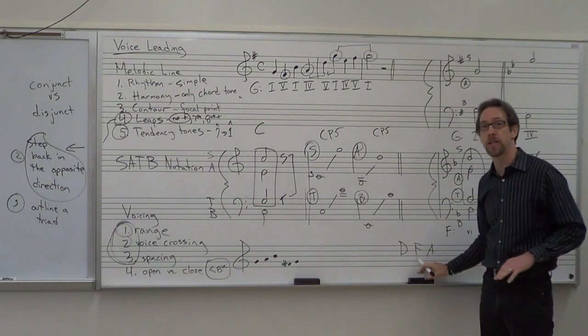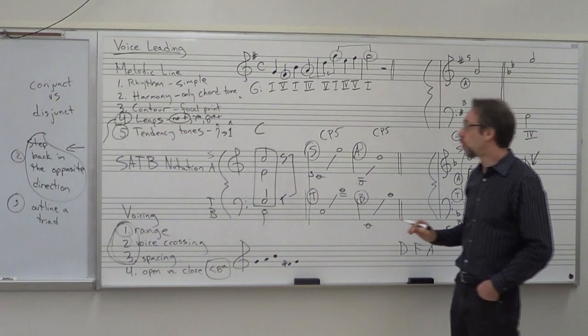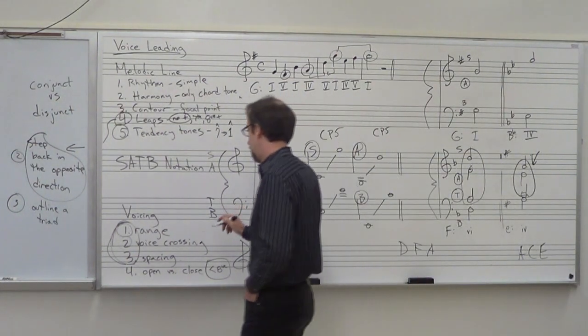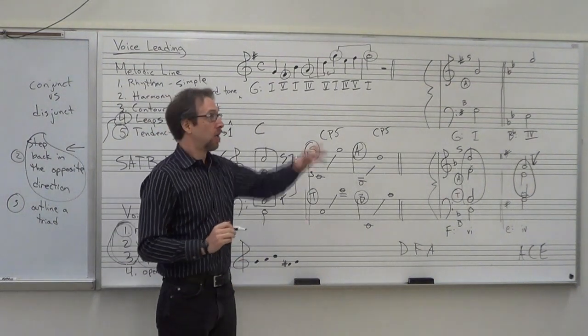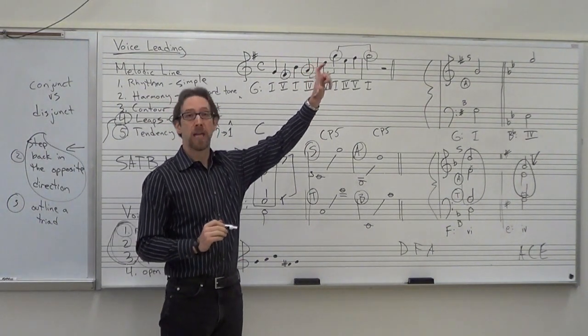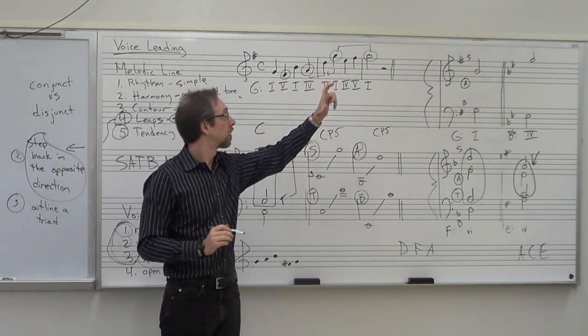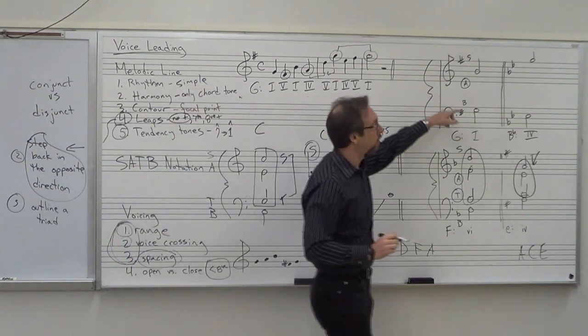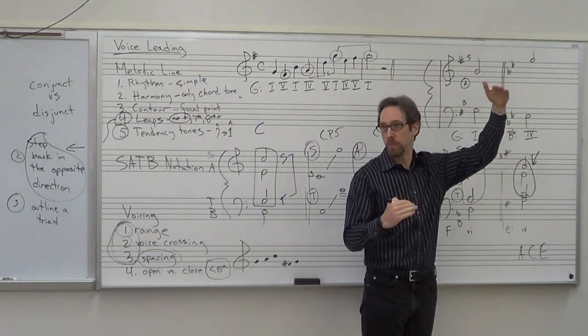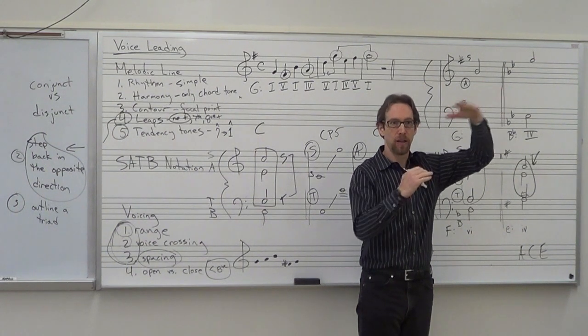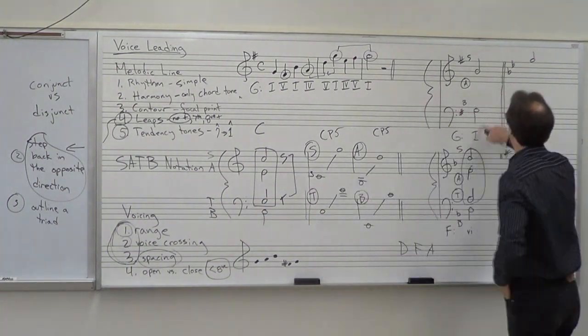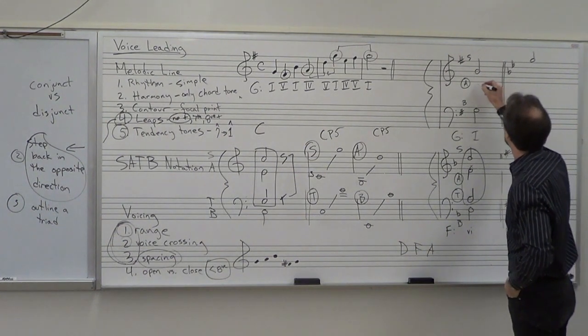When dealing with 3 voice textures, the same rules apply, except that when we're talking about spacing in a 3 voice texture, soprano and alto can't be more than an octave away. But the distance between the alto and the bass can be that compound fifth. So we have a little bit of a difference here. So in this example, we have G, we have B, we need our alto.